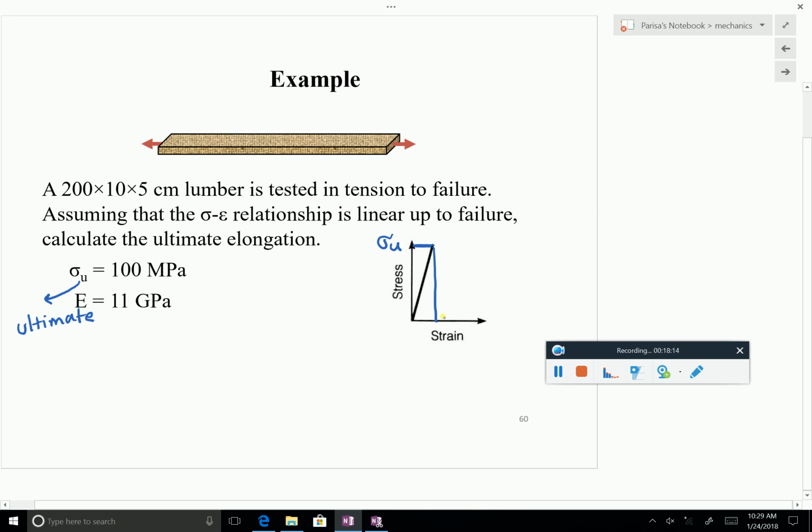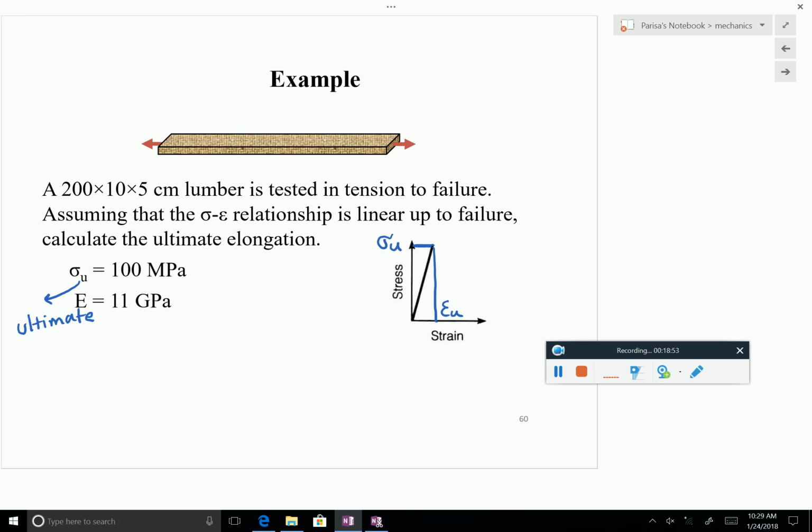So the ultimate strain is here. That's kind of what relates to what we were talking about today. And then you want to know how much it deforms. It's uniaxial. You should be able to get this in less than a minute. So we want to calculate the strain, and from the strain, elongation.